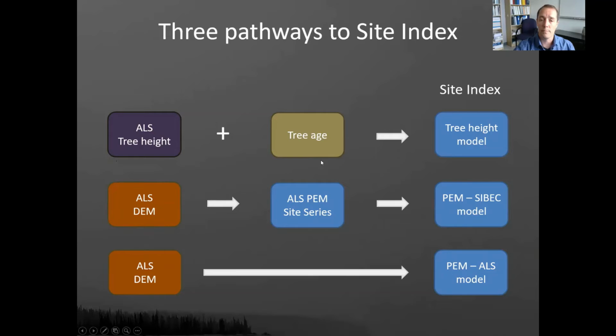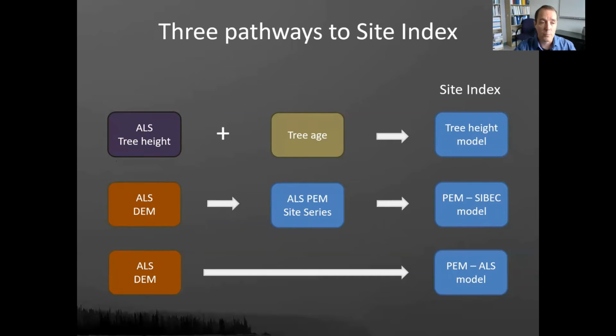So in the first model type that we tried here, we were using the ALS data, but here actually using our tree height estimates from ALS, pairing that with information on tree age, and then just doing the normal thing that we do to get site index, going through using site index growth curves in order to get our site index estimate, what I'll be referring to as a tree height model. So that's kind of the classic way that we go through and get our site index. Here, just using ALS instead of going out in the field and actually measuring tree heights.